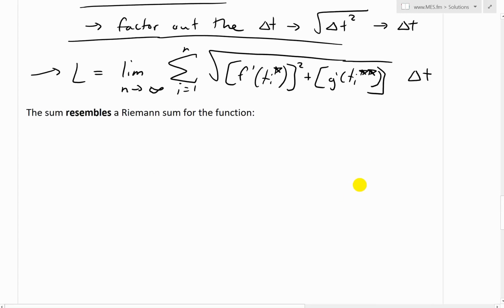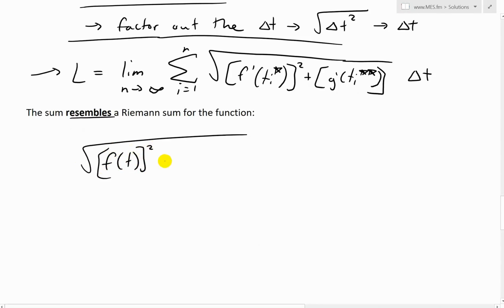Now what's interesting is that this sum resembles a Riemann sum for the function, if these t_i's were the same. It resembles it, but not exactly. Remember Riemann sums, I put a video link below on that. This resembles the function square root of f prime of t squared plus g prime of t squared.